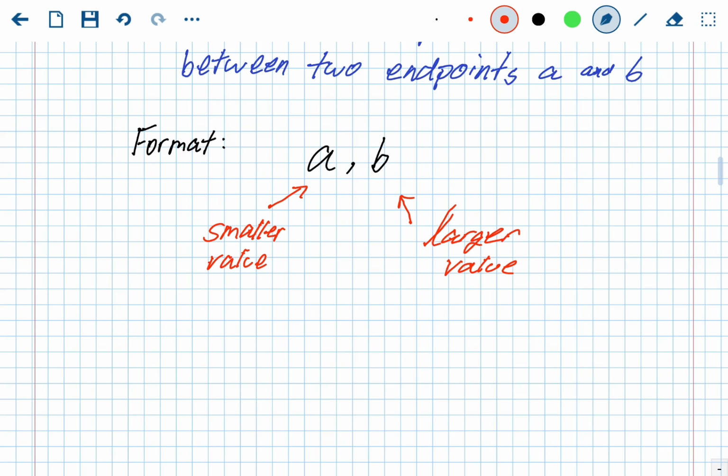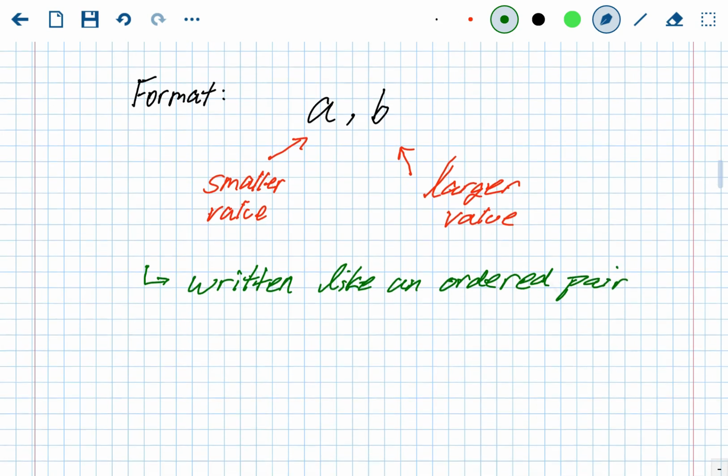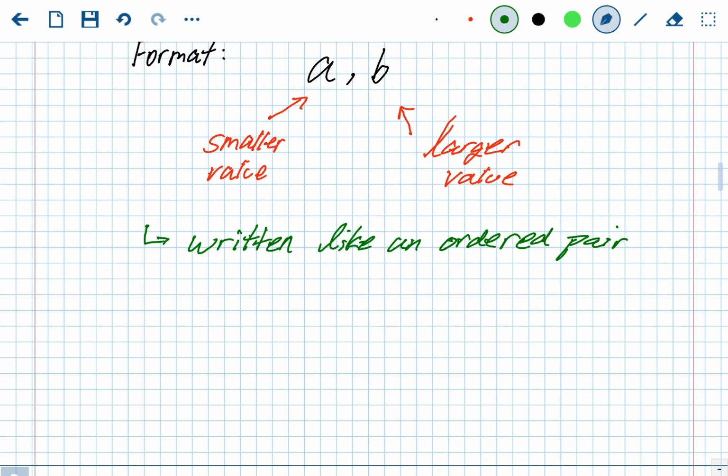We've seen a number, comma, another number. It looks like an ordered pair, and it does. It's written like an ordered pair, but it actually represents a continuous interval. Ordered pairs are x comma y.